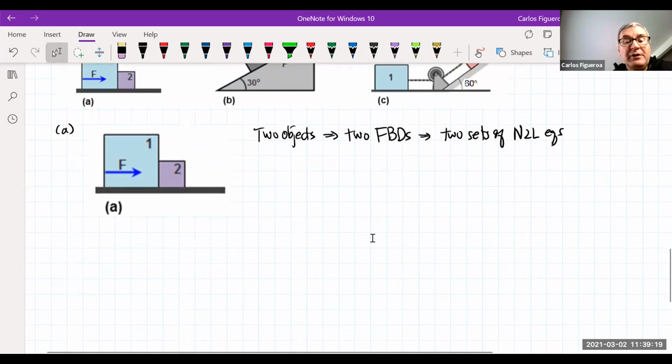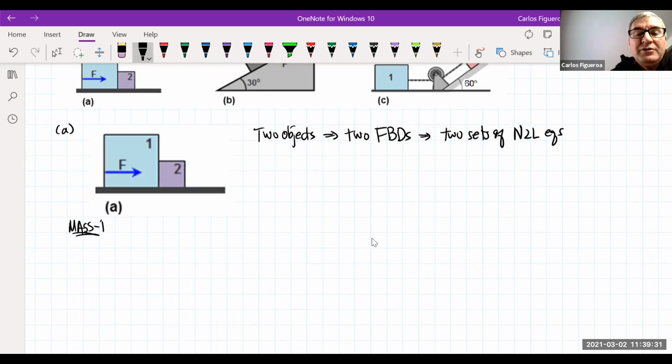The first thing I'm going to do here is look at object 1 or mass 1. So if I look at mass 1, what do I see? I'm going to focus on block 1. So that means I'm going to isolate 1.